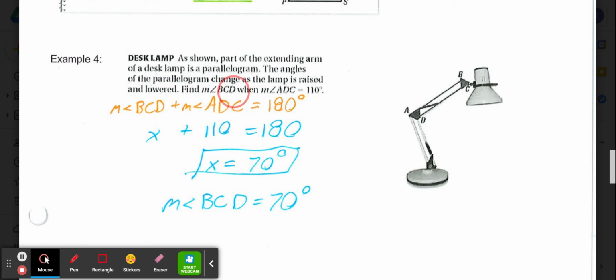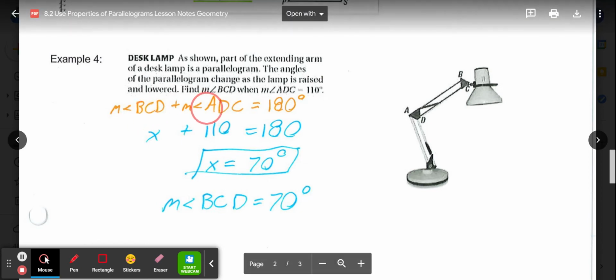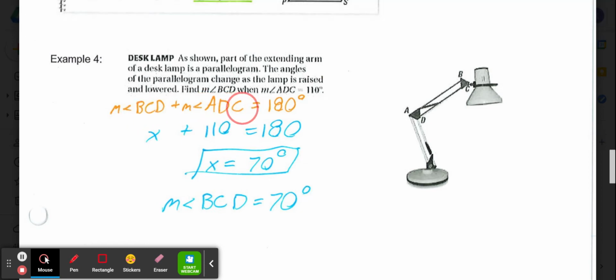Find the measure of angle BCD when the measure of angle ADC is 110 degrees. So angle BCD and ADC are consecutive interior angles, meaning they're supplementary, or together they equal 180. So if ADC is 110, we know our missing angle plus 110 is 180. So our missing angle of BCD is 70 degrees.